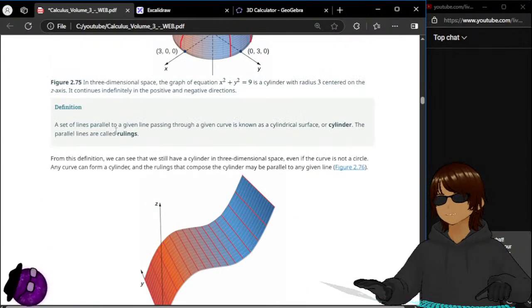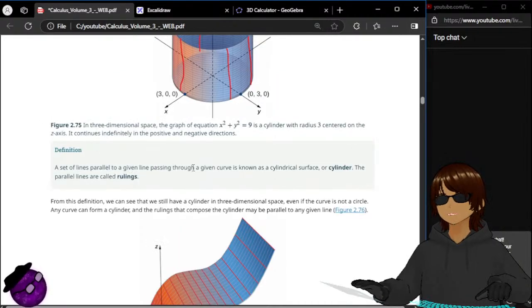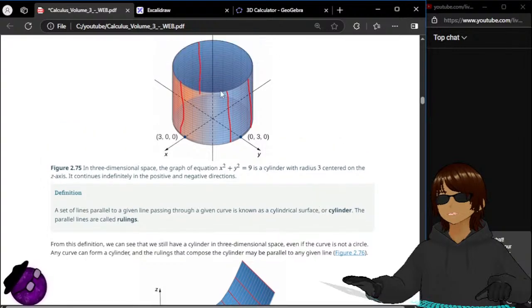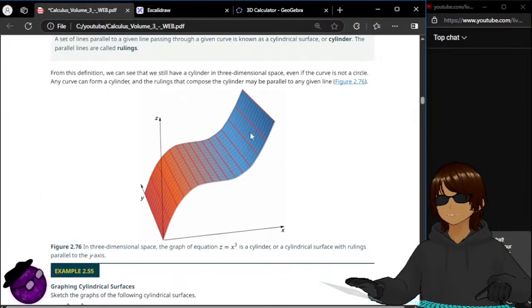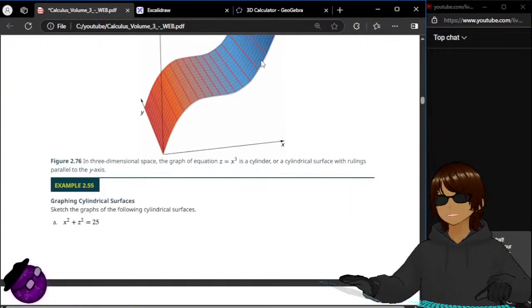Wait, a set of lines parallel to a given line passing through a given curve is known as a cylindrical surface or cylinder. Or if you choose one line and a set of lines parallel to all of those lines is a cylinder, no matter what the shape is.